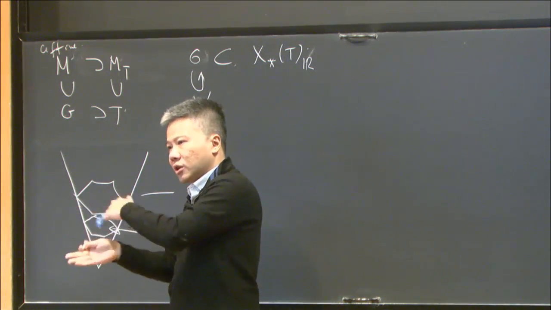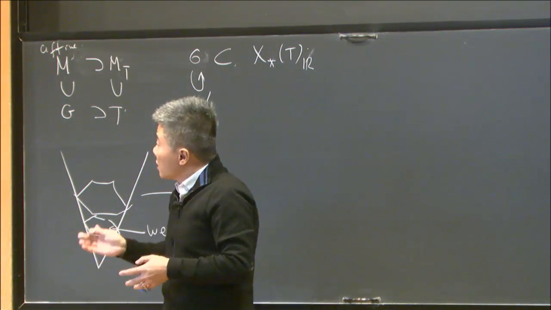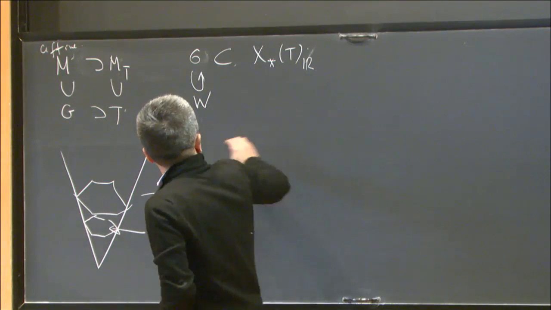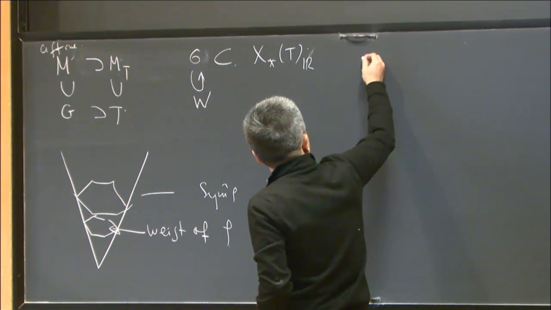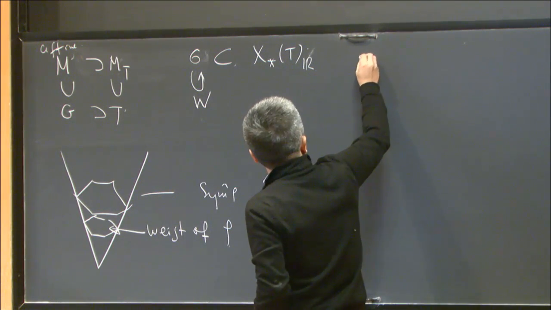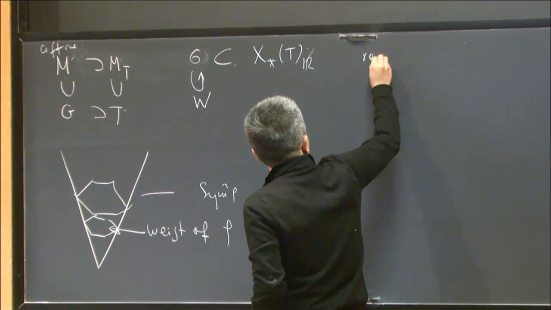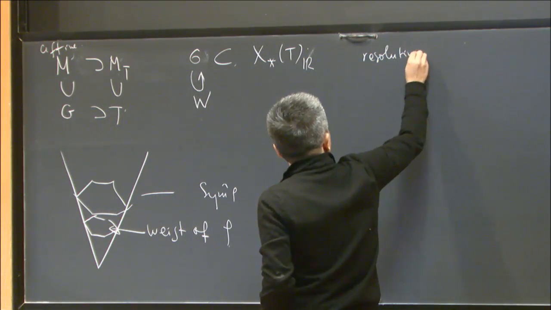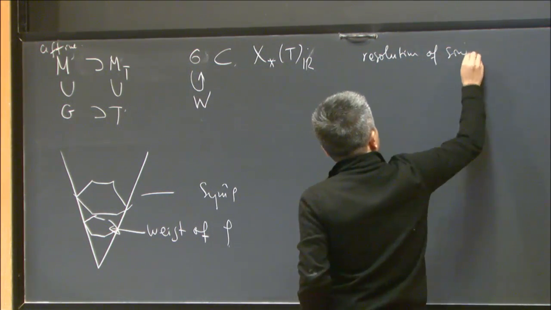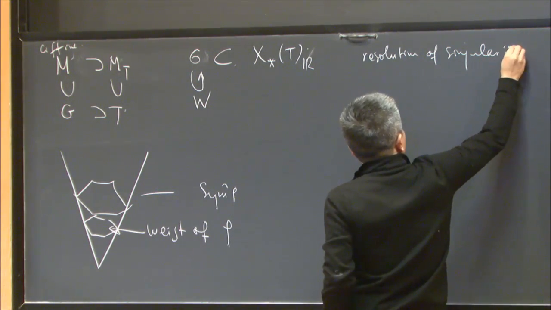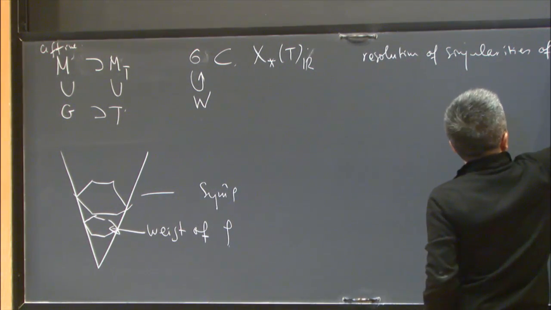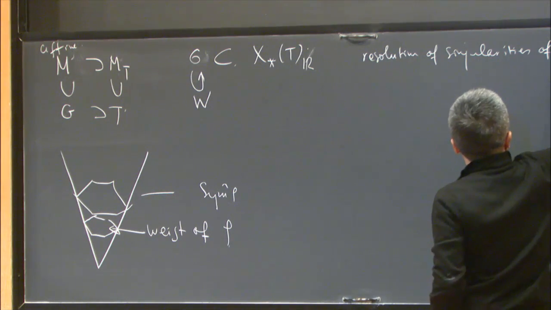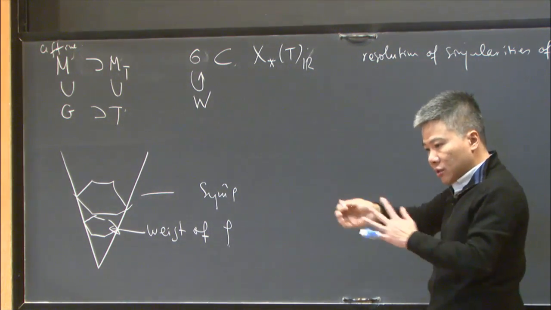You can map one monoid to another, and there should be a way to have a resolution of singularities of M rho, just by using the monoid.